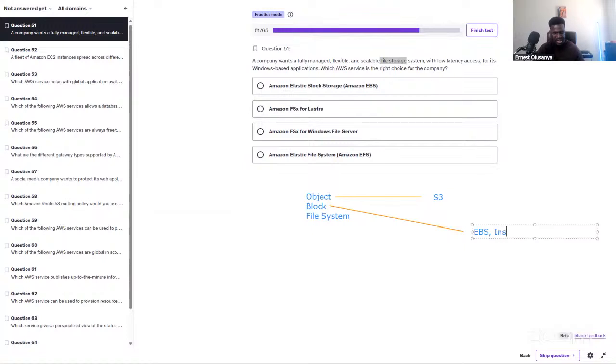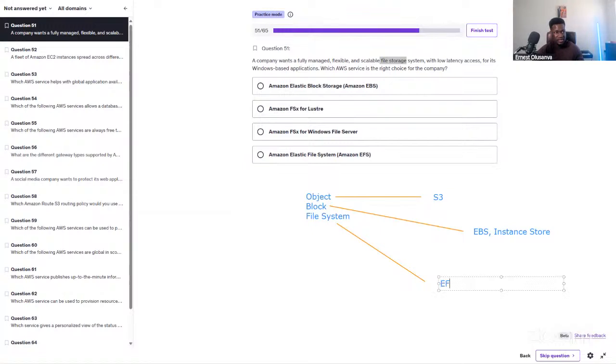You can also have instance store, which is not very popular, but instance store is like temporary peripheral storage that you attach to your EC2 instance, but it doesn't save after you close that EC2 instance down. And then we have the last one, which is file system. Now, this one has a bunch of services within the file system type.